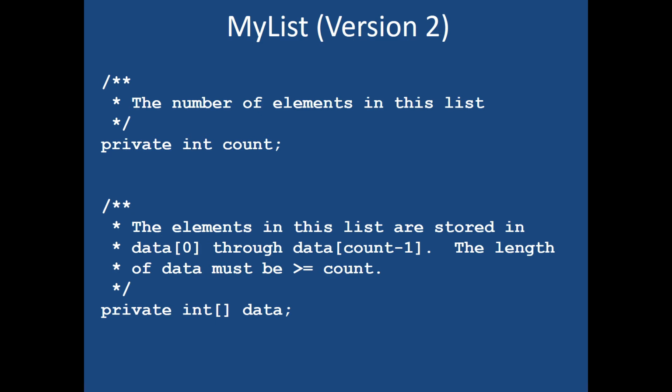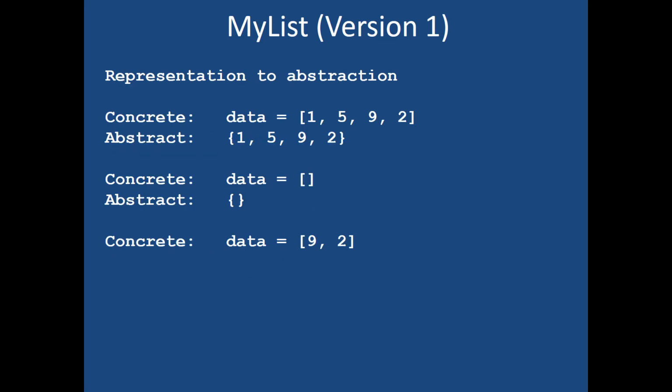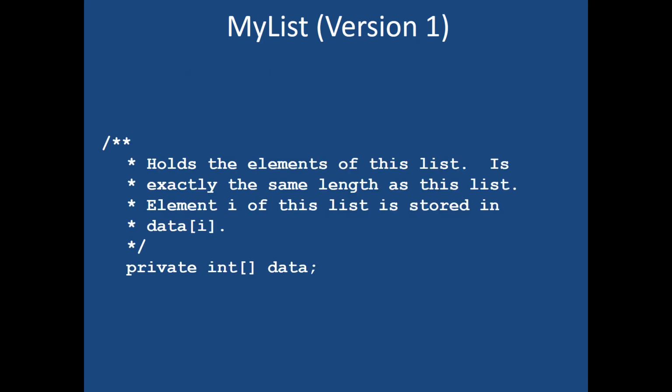How would you know how many elements are in a MyList object with that data array? The length of the array is the same as the length of the list. So you just look at the length field of the data array, and that's how long the list is.